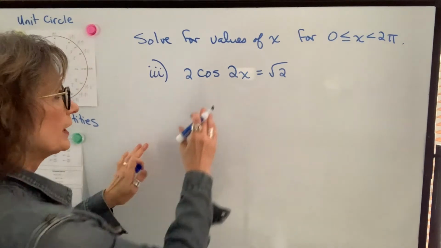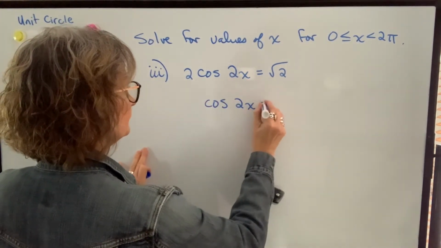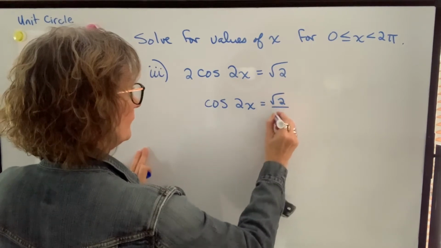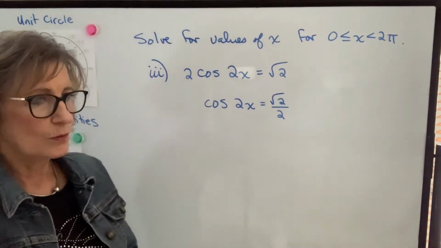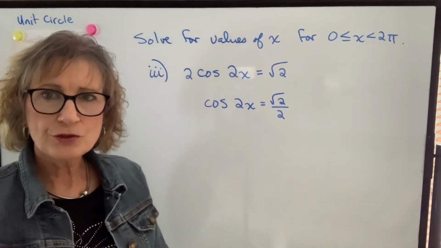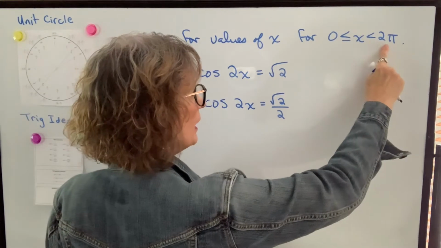So first of all, we're going to isolate cos of 2x. And when we're working with 2x, we know that x has to be between 0 and 2 pi.